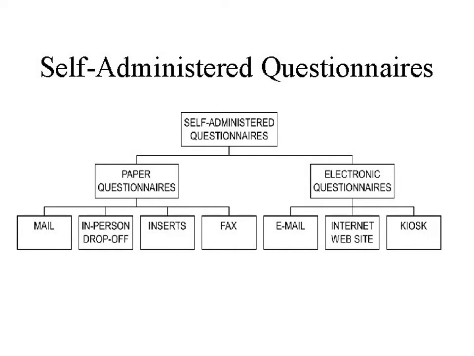When we talk about paper questionnaires, mail, in-person drop-off, inserts, and fax are all examples. When we talk about electronic questionnaires, they include email, internet websites, and kiosks. A kiosk is a temporary desk or stand which has computers and electronic machines where you can respond easily.